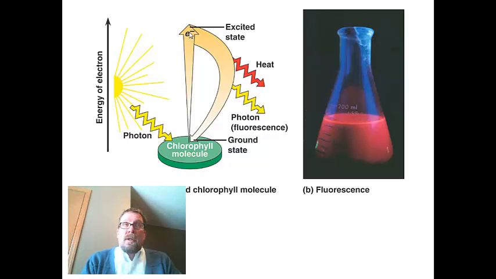And as with any valence electrons in chemistry that you remember talking about, it can only stay there about a billionth of a second before it's going to release that energy and go back to its ground state, releasing it both as heat, and it can release it also as a fluorescent photon. What you can see here is the reddish color released from chlorophyll A. If you were to isolate it out of the chloroplast by itself and just zap it with energy, you can see that what it does is release a red orangish color.